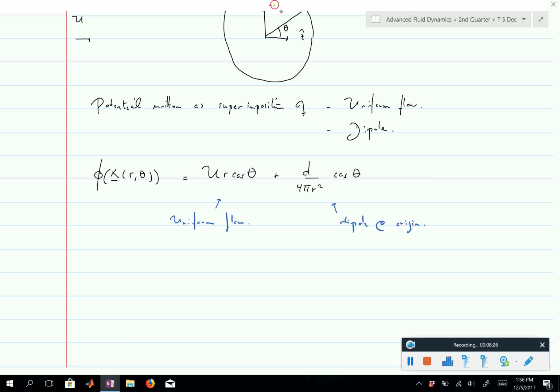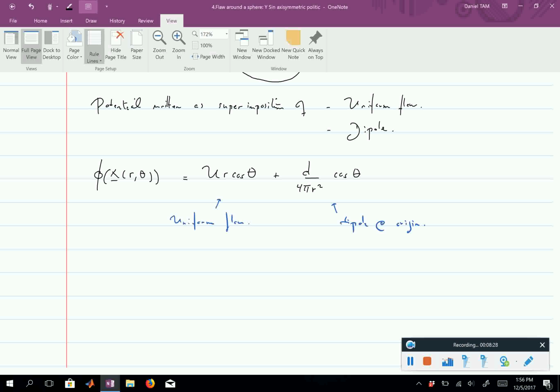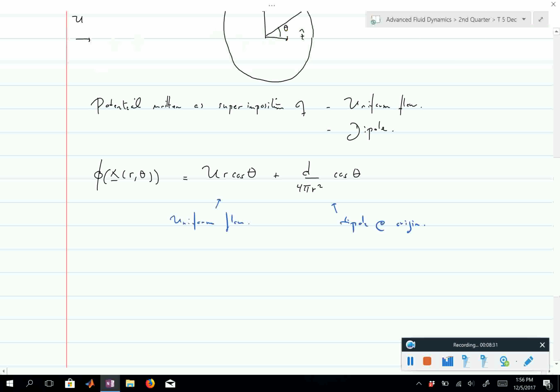Now, how do we make sure that we impose the right boundary condition, that we have the flow around a sphere? Well, we simply need to impose the no penetration boundary condition at the surface of the sphere. Remember, we are in the realm of ideal flows. So the flow derives from a potential, the flow is irrotational, and the flow geometry doesn't allow viscosity to act on the flow.